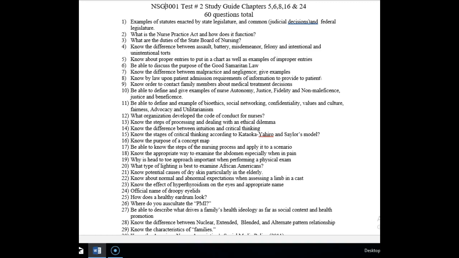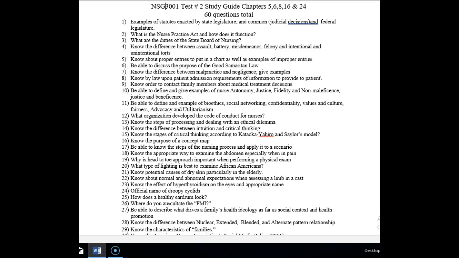Fidelity refers to the agreement to keep promises, and it's based on the virtue of caring. When you think about fidelity in nursing, you think that it's her role to promote health. That's the promise that we give when we're caring for other people.